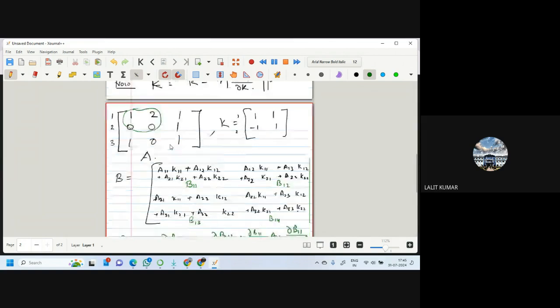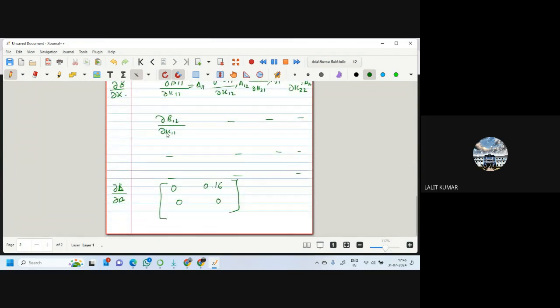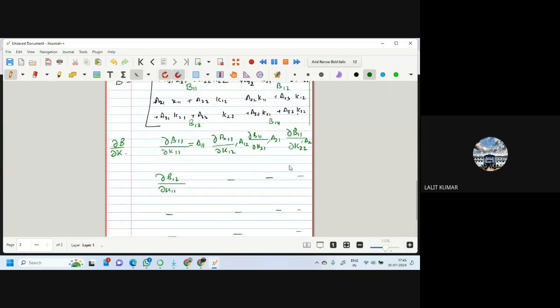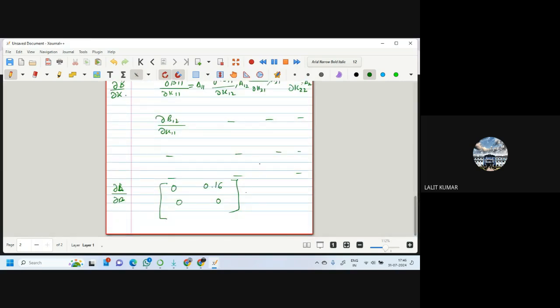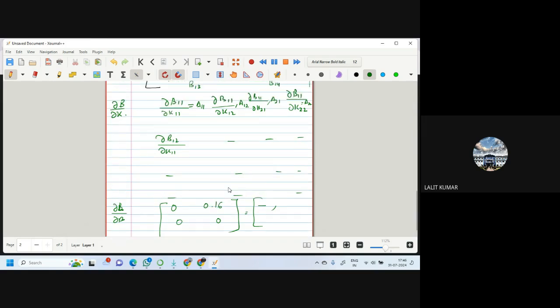So you multiply these 4 numbers by A11, A12, A21, A22, and you will get the first element. For the second element, you multiply by the second row, B12. For the third, you multiply by this, and for the fourth, you multiply by this, and so you get the convolution.